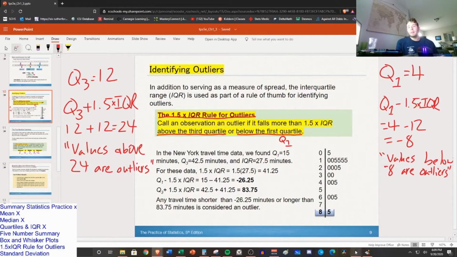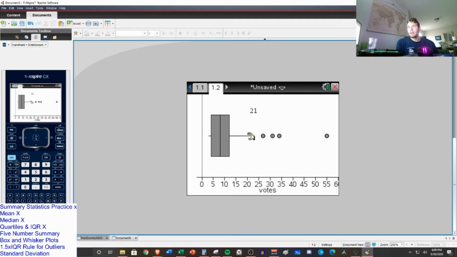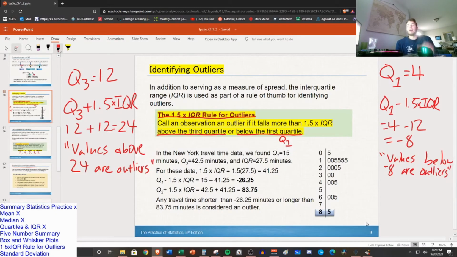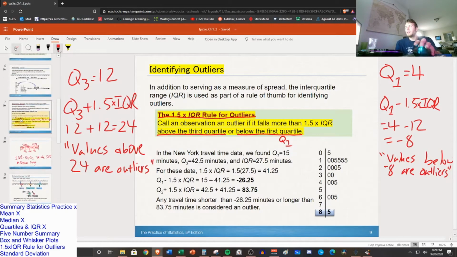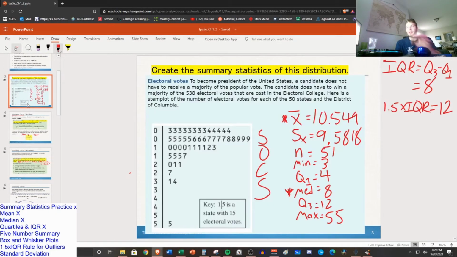So what did we end up seeing on our graph? Well, 21 is the highest number that's not an outlier, and then all 27, 31, 34, 55, those are all outliers. Some questions will say determine if it's an outlier, and you don't even have data. They just give you the 5-number summary, and you can do that with the 5-number summary.